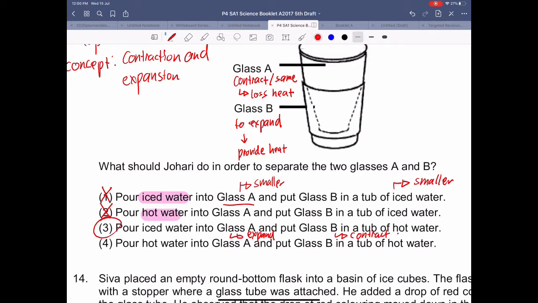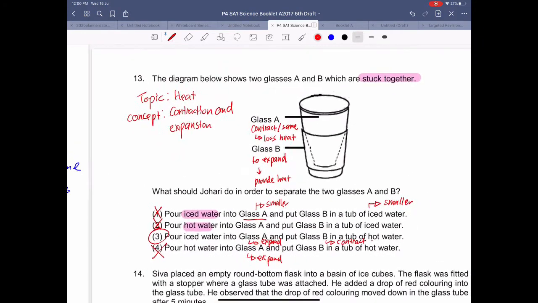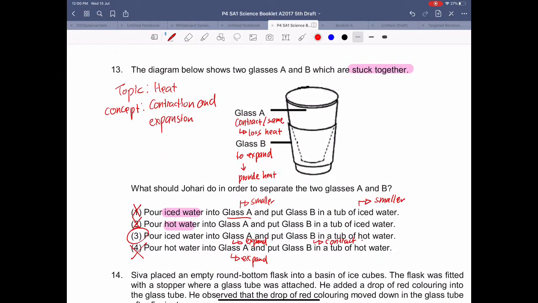Let me check the last one to make sure I don't have an additional answer. Pour hot water into glass A, so I will expand this, which is wrong because I want glass A to contract. So yes, the only option that we have is actually 3.